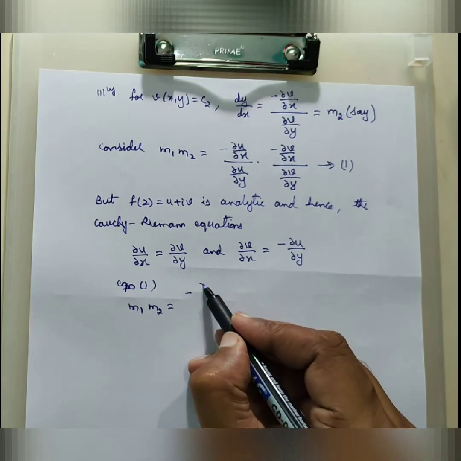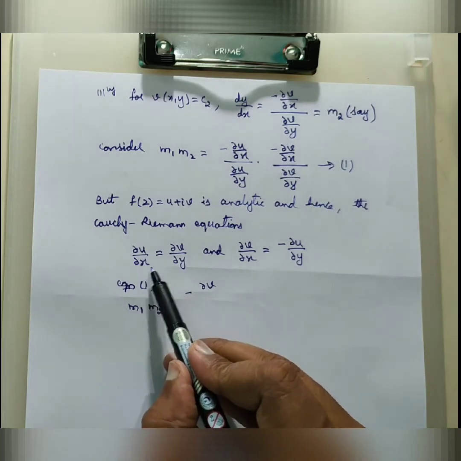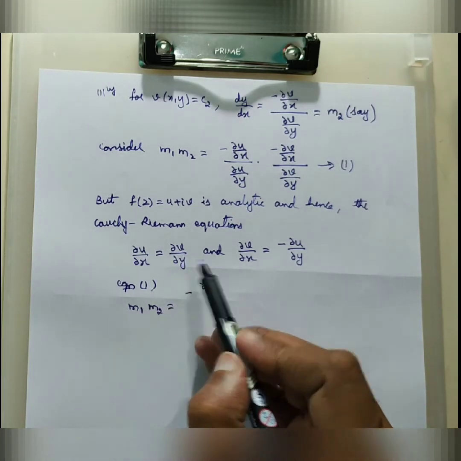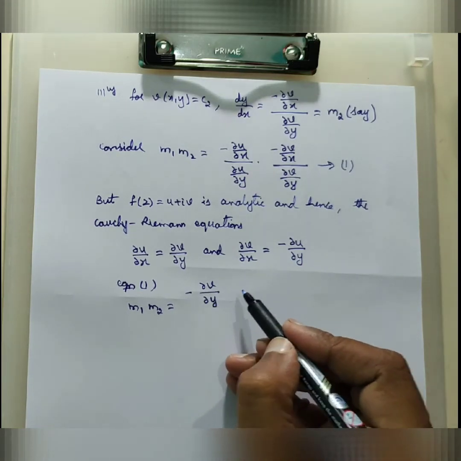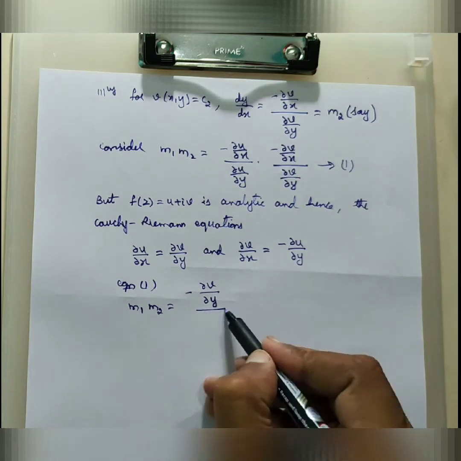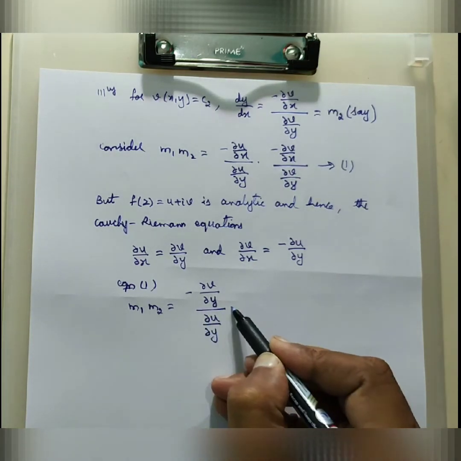So minus of, we have dou u by dou x equal to dou v by dou y, so it becomes dou v by dou y. The denominator I'll retain as it is, dou u by dou y.